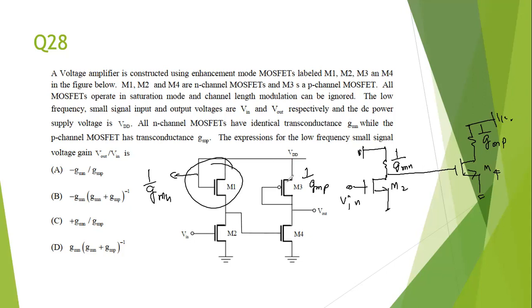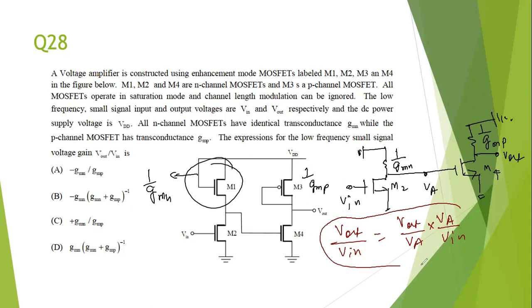This is your V output. In the cascade connection, V output upon V input can be written as V output upon VA into VA upon V input. First of all, we have to find VA upon V input, and then after that we will find V output upon V input.